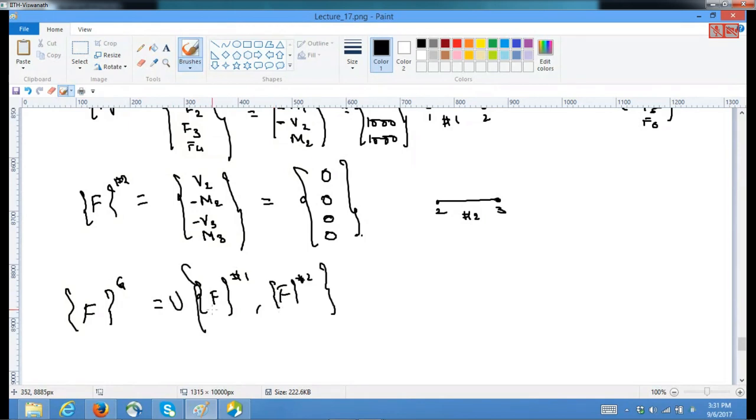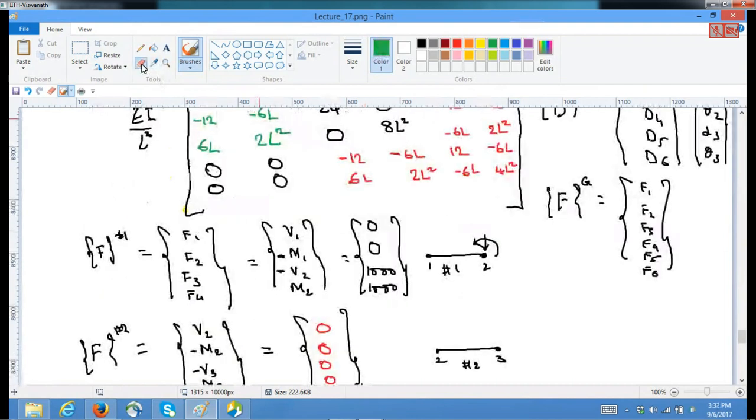So that means I can write this as zeros coming from element 2. The element 2's are whereas coming from element 1, the forces, point loads, whatever we have seen, would be something like this.